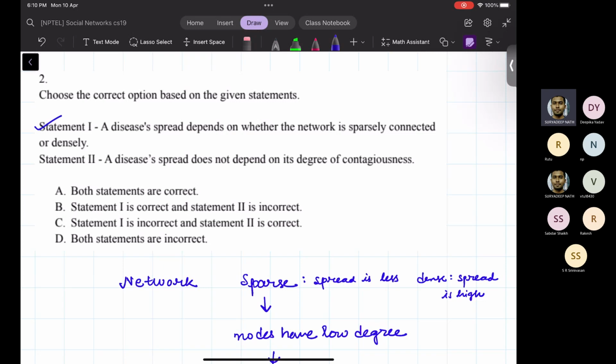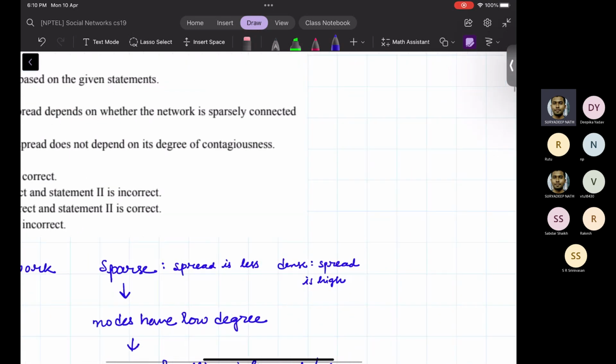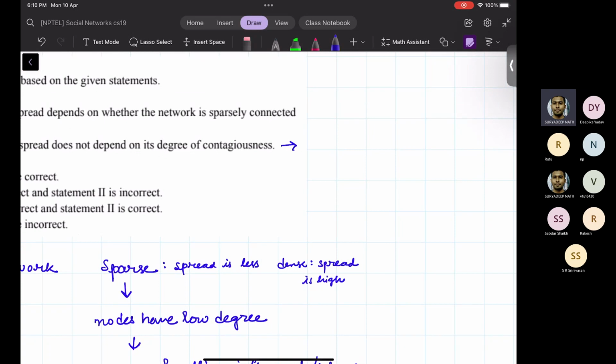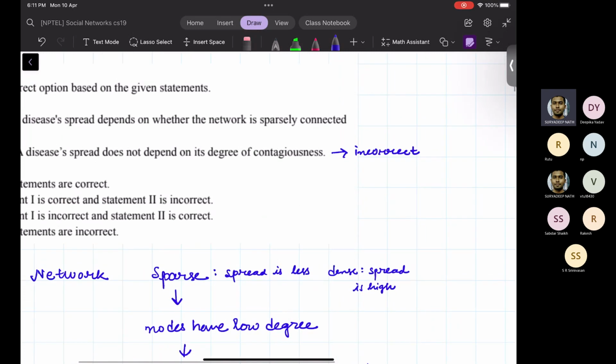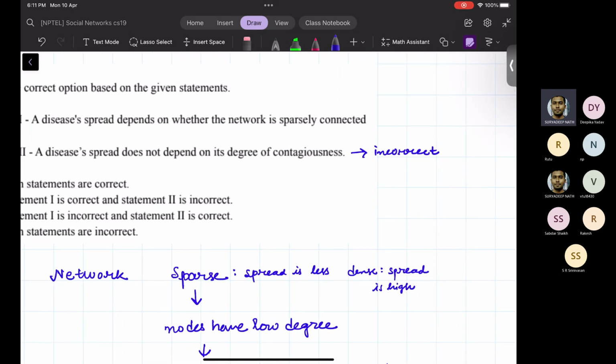Now if we look at statement two, a disease's spread does not depend on its degree of contagiousness. From common sense we can say that this is incorrect. Let's say a viral fever which has a high degree of contagiousness can spread easily from one person to another, and it will spread rapidly from one node to another in the network.